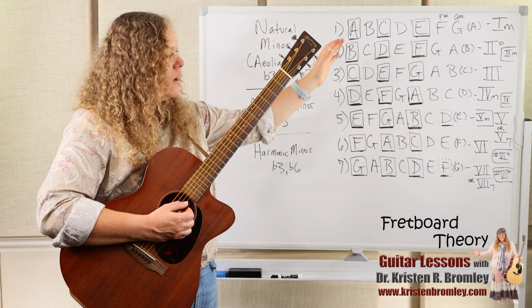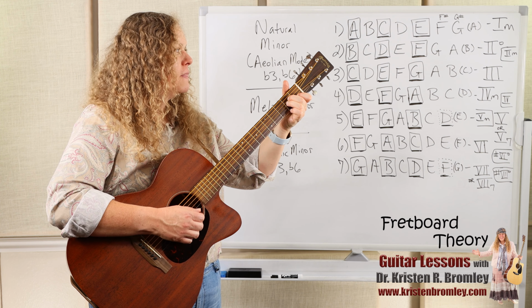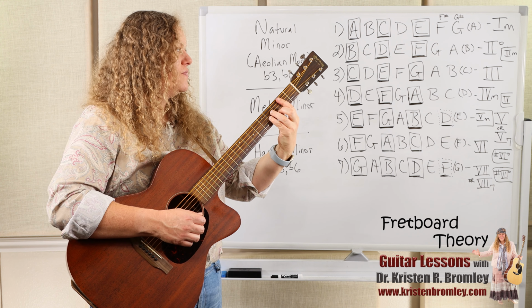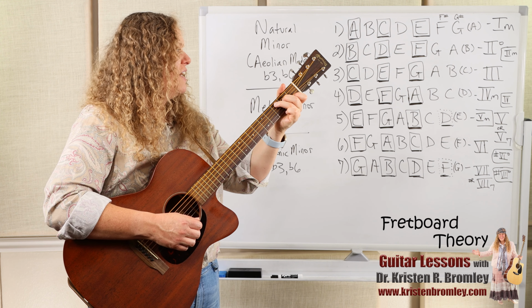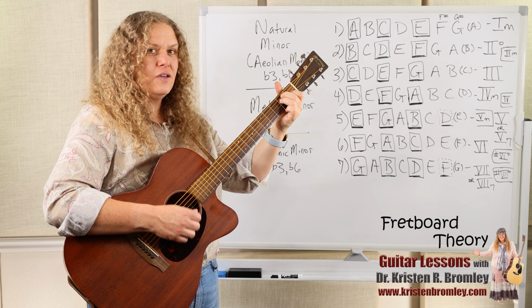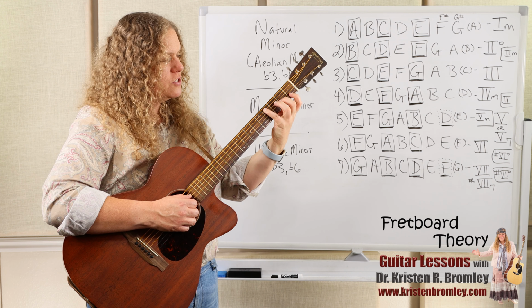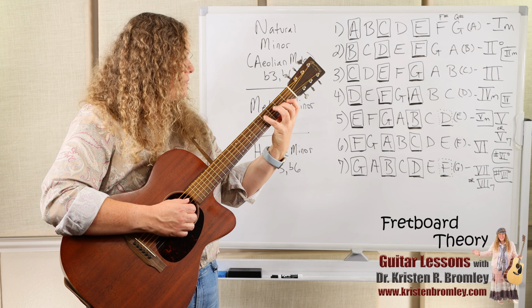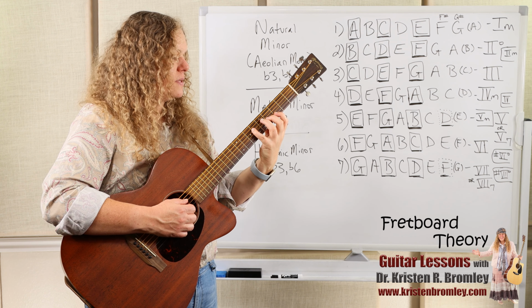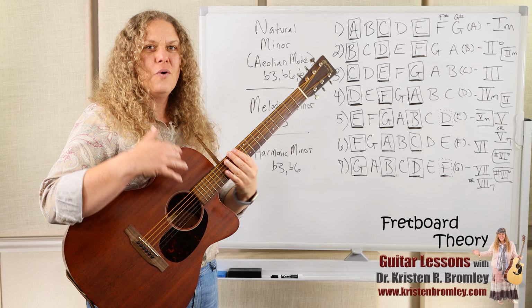But alternatively now I'll go through and do the alternate ones where we also have A minor, we could have B minor, C, and then we get D major, we have E or E7, and then we have F sharp diminished, and we have G sharp diminished, and then we have the A minor. So we've got those there.